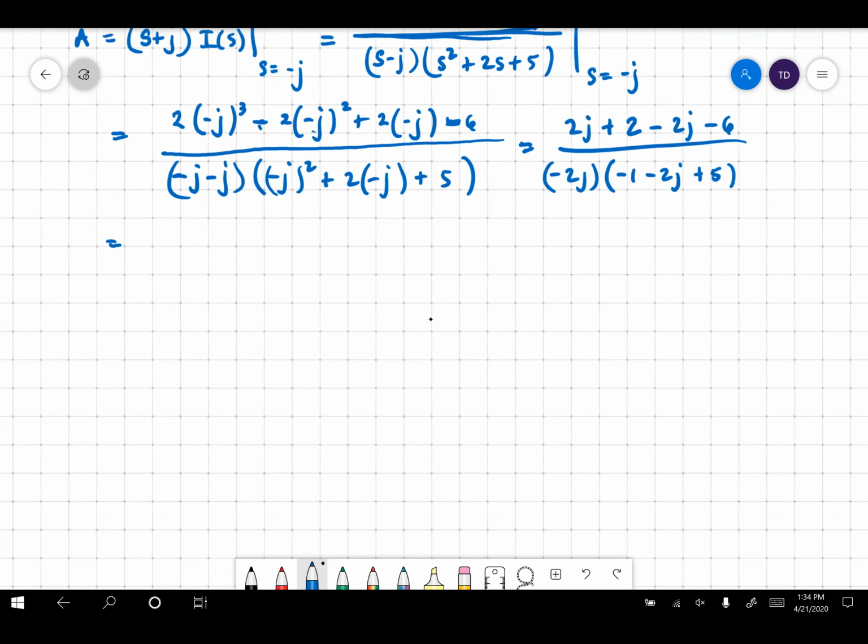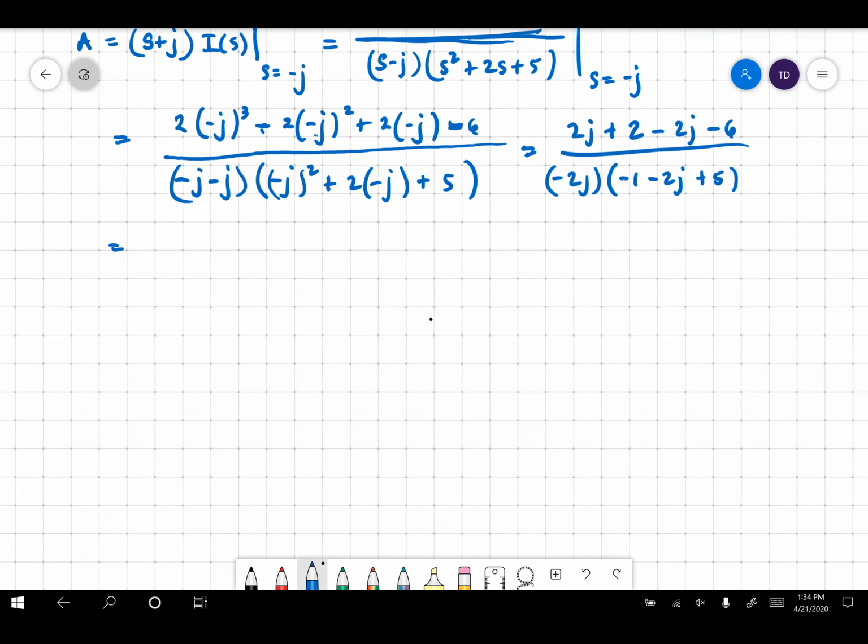Just keep working with it. It's just mathematics. You can see things cancel, and I have 2 minus 6. That's minus 4 in the numerator. I did all my work correctly. Then minus 4 divided by minus 2J, and then 5 minus 1 is 4, minus 2J.